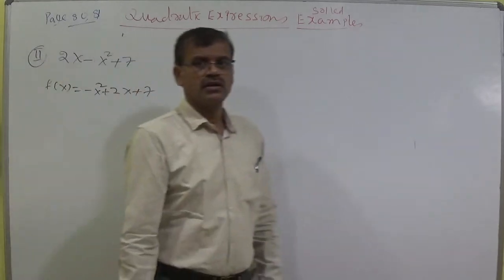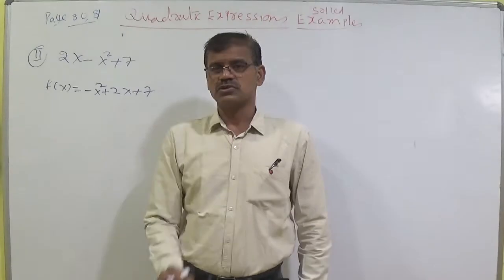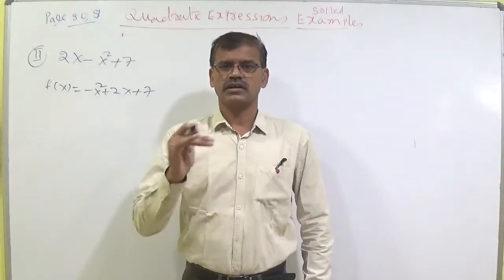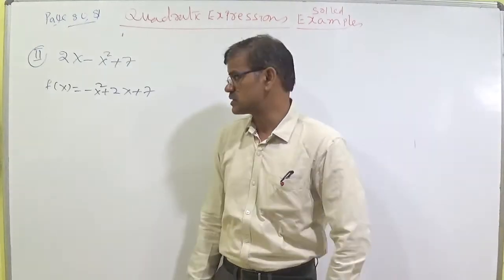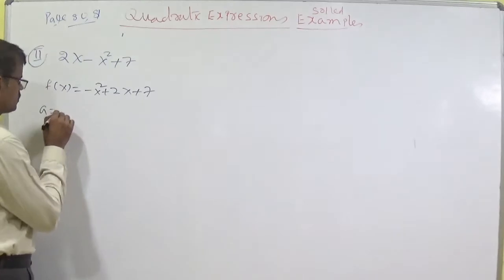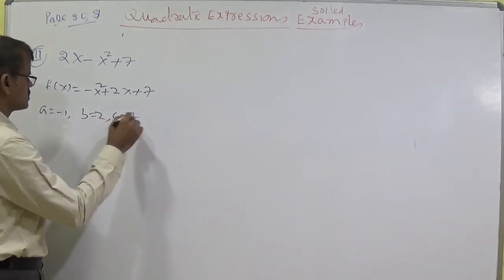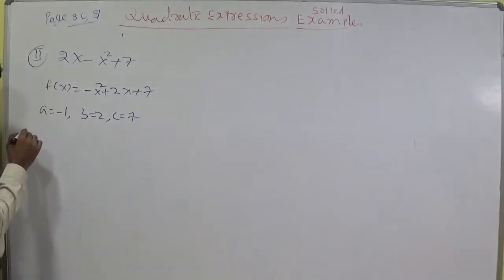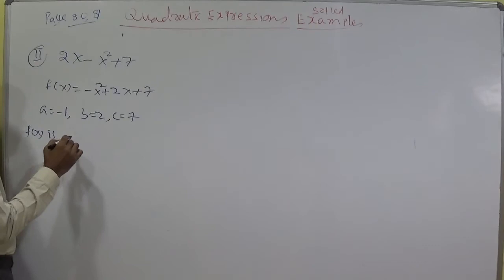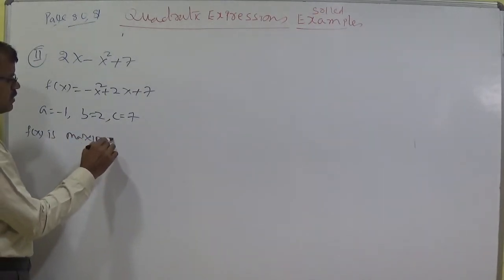Even if the coefficient of x or the constant is given first, you should write the coefficient of x square first, later the coefficient of x, and later the constant. Now you can write a is equal to minus 1, b is equal to 2, c is equal to 7. So f of x is maximum because a less than 0 here.